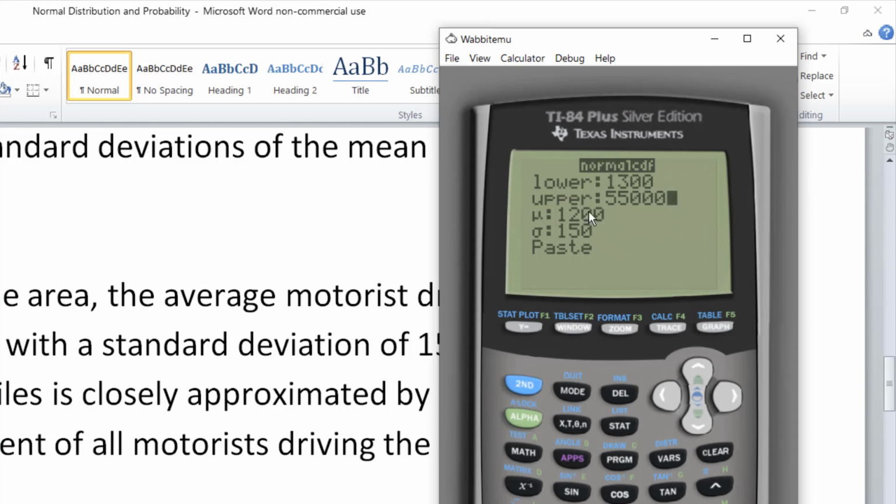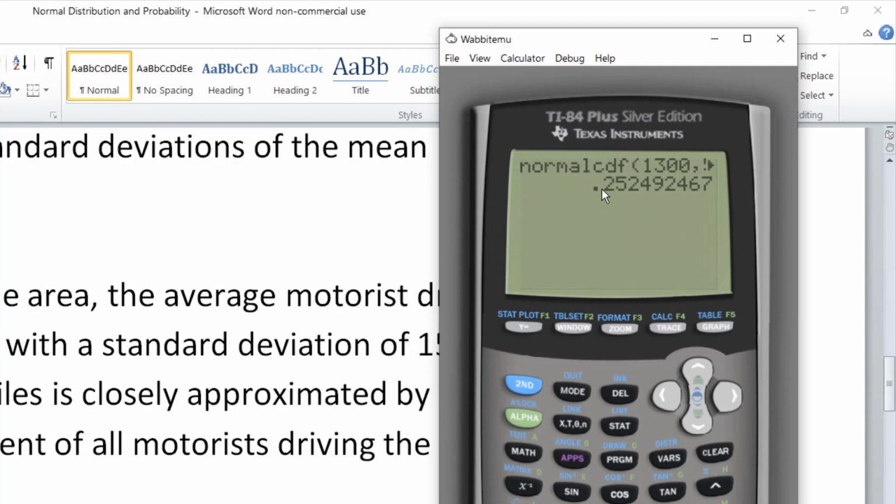Okay, the mean is 1200. Standard deviation in this case, like I said, is 150. And then I hit enter. Oops. Gotta paste this here, so come down, paste, then hit enter again. And there it is, 0.2524.